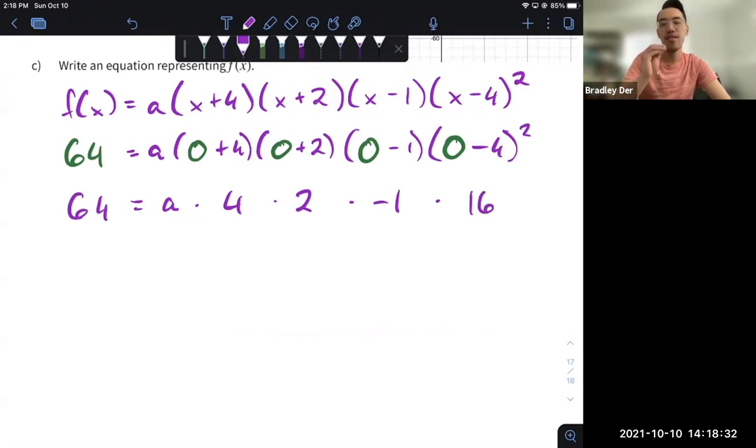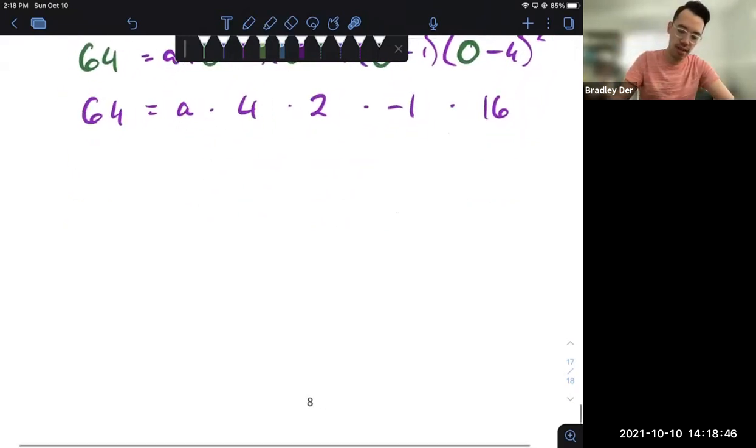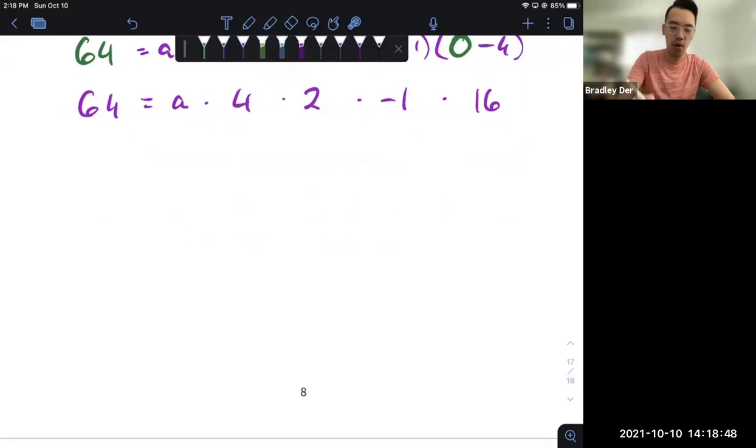To reiterate, I am not particularly interested in multiplying 4 times 2 times 16 and getting a big number, and then dividing. It's too much, right? I just want to divide things while it is in factored form, and see where that gets us. So if I divide off the 2's, this would become 32. So now 32 is equal to a times 4 times -16.